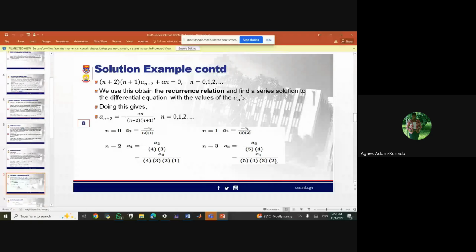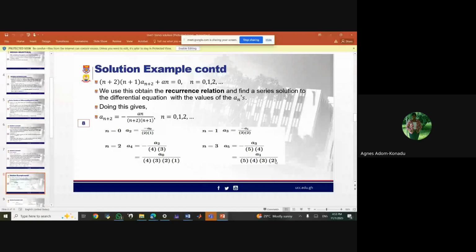I can come and substitute the expression for a4, and in that I'm going to get a naught divided by 6, 4, 2. And n equal to 5, that will be a7, and a sub 7 is such an expression.